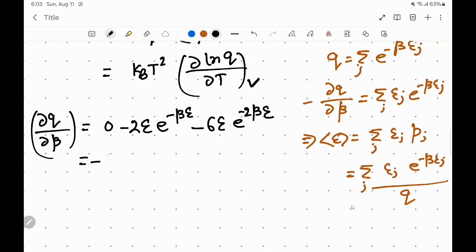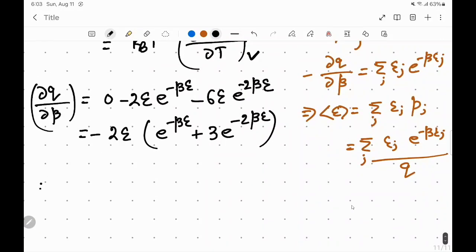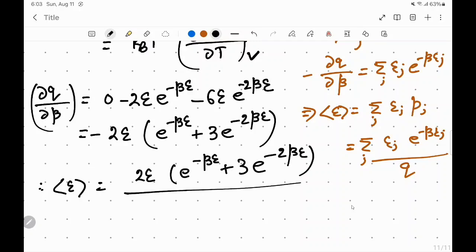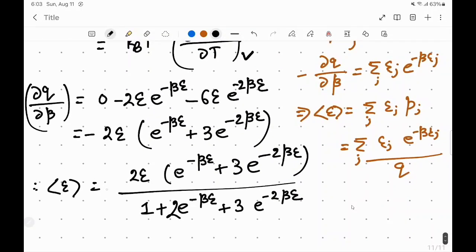So minus 2 epsilon common: e to the power minus beta epsilon plus 3 e to the power minus 2 beta epsilon. The minus signs cancel, so it will be 2 epsilon e to the power minus beta epsilon plus 3 e to the power minus 2 beta epsilon. In the denominator there will be Q, which is 1 plus 2 e to the power minus beta epsilon plus 3 e to the power minus 2 beta epsilon. This is the small e, and the capital E you just have to multiply with N.